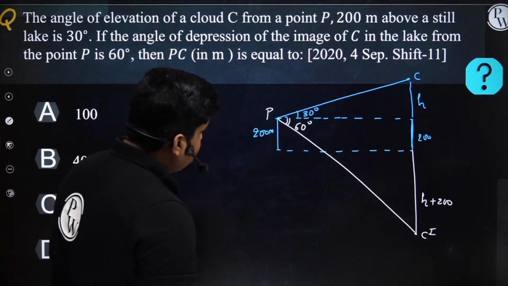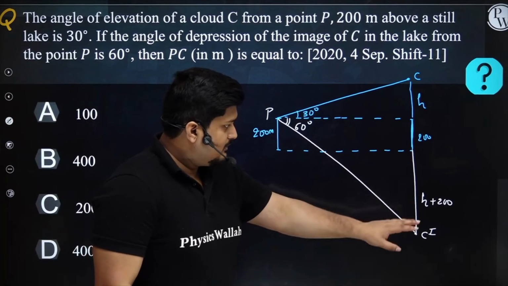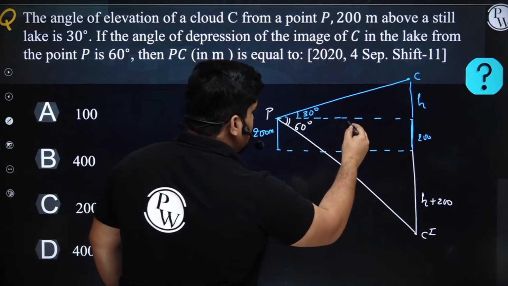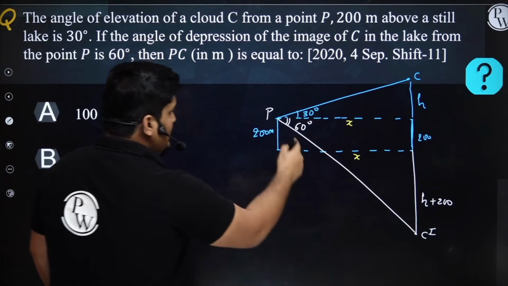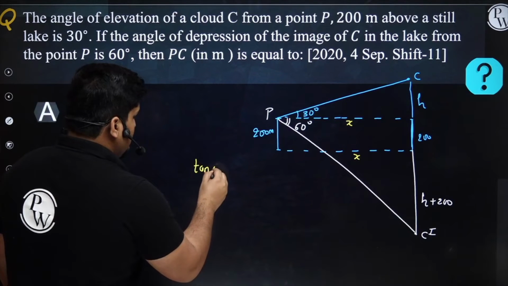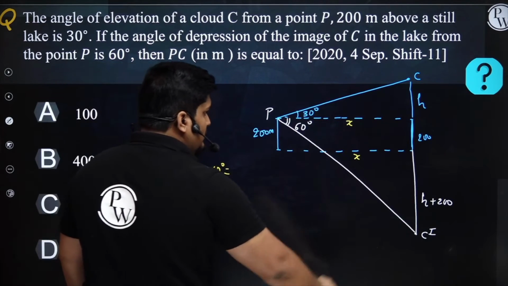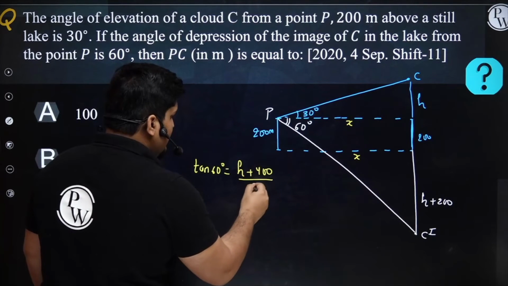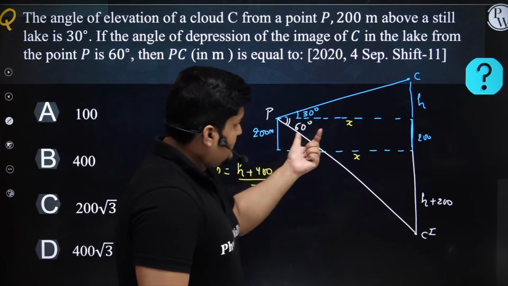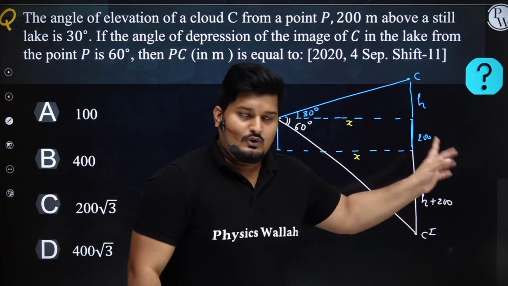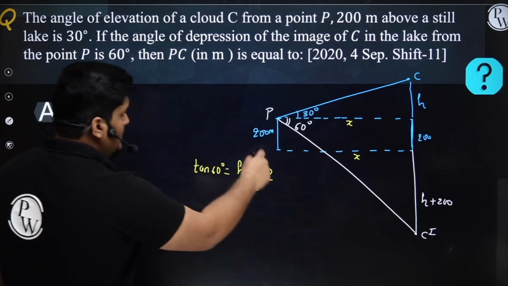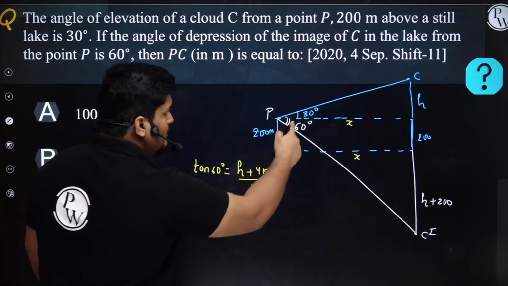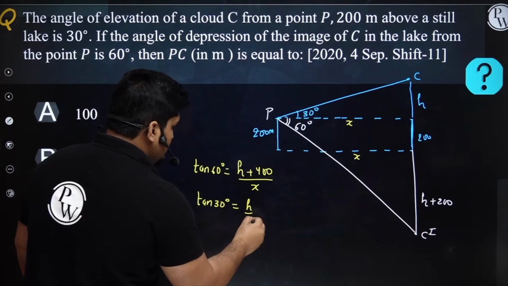See what we have to do. 60 degree. This is H plus 200. This is I. So in this triangle, suppose this length is X. Right? This length is X. So what is tan 60 degree? So tan 60 degree will be equal to perpendicular, which is H plus 400 divided by X. Right? Tan 60 is equal to H plus 400 divided by X. And what is tan 30 degree? tan 30 degree will be equal to h upon x, right?